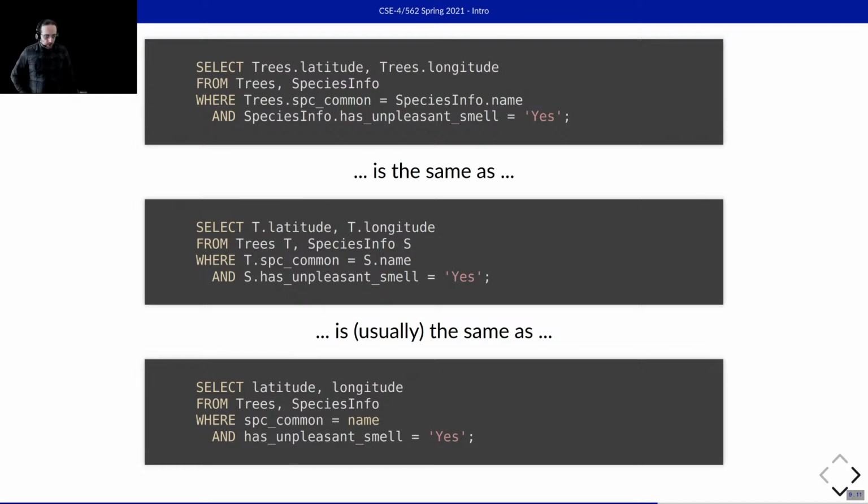And you can often also omit the alias or the table name as well, as long as the attribute is unique between all of the relations that you're querying. So you can refer to just latitude or just longitude because those only occur in trees and not species info.